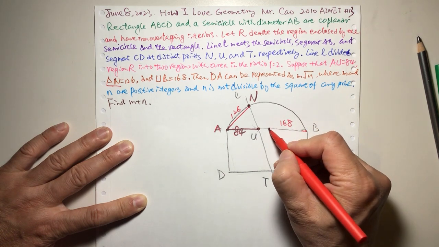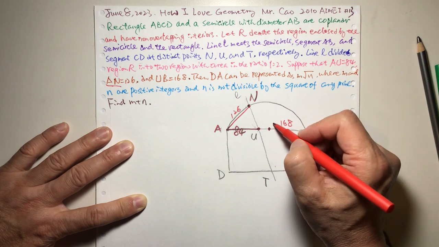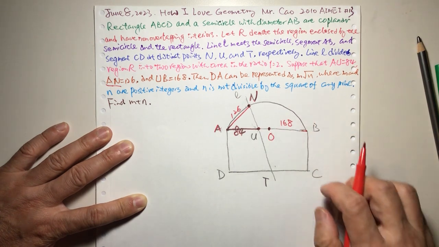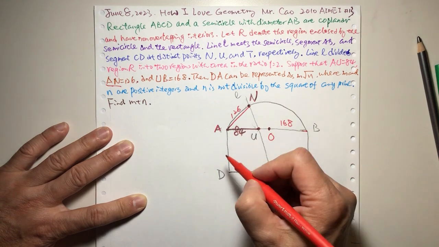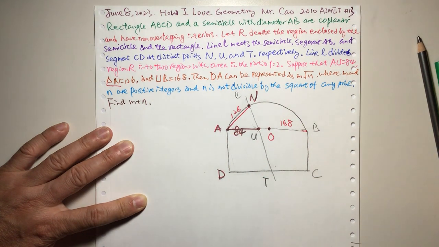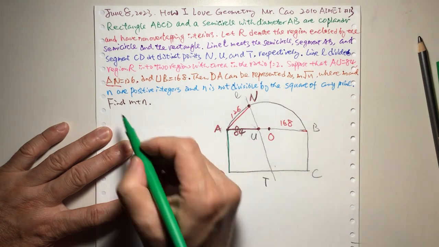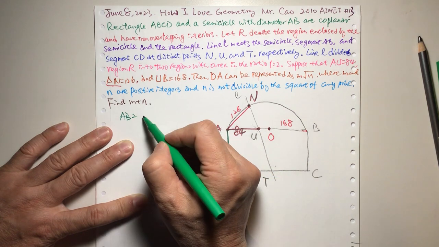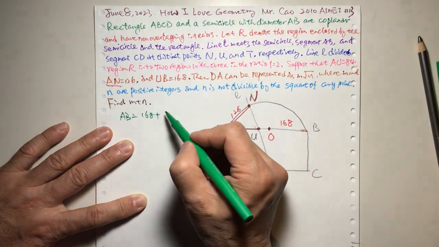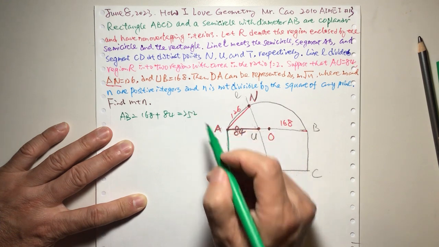Let us suppose the center of this semicircle is O. Then DA can be represented. The problem talks about this side because we know AB, right? We can say AB equals 168 plus 84, which is how much? 252, right?